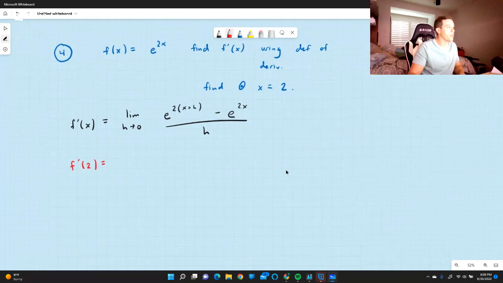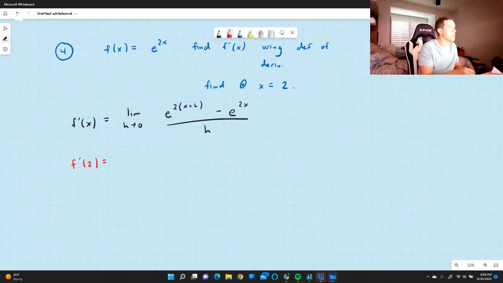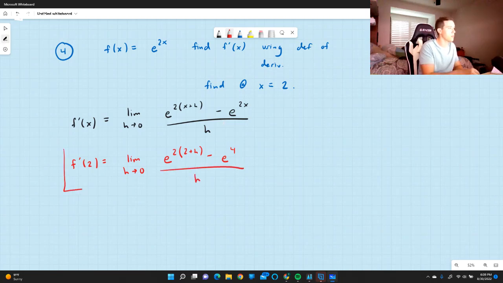Well, the trickiness here is we're not going to do any work, but we're still going to plug 2 into the derivative equation that we've set up. So e to the 2 times (2 plus h) minus e to the 4, all over h. And that's as far as I want you to go for the homework.